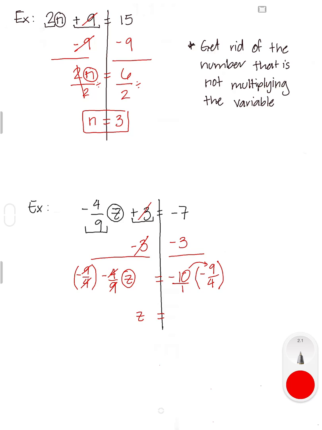So negative 10 times negative 9 is positive 90 over 1 times 4, which is 4. So z equals positive 22.5. And there, z has been found, which is 22.5. And that's how you solve two-step equations.